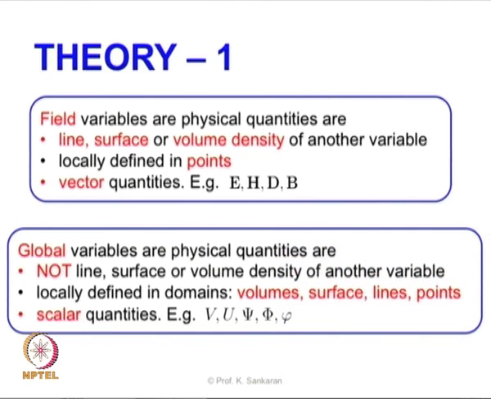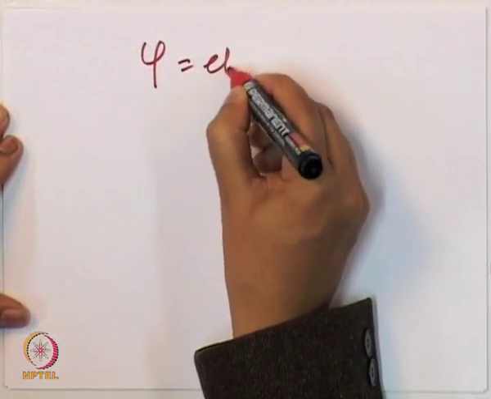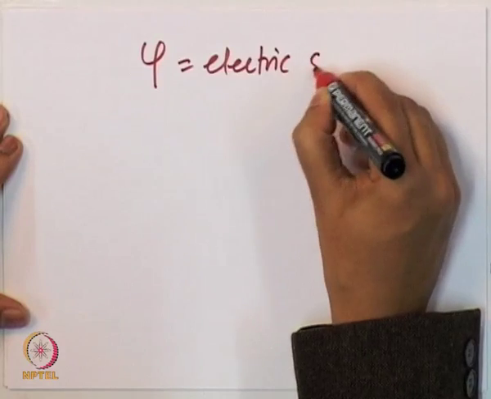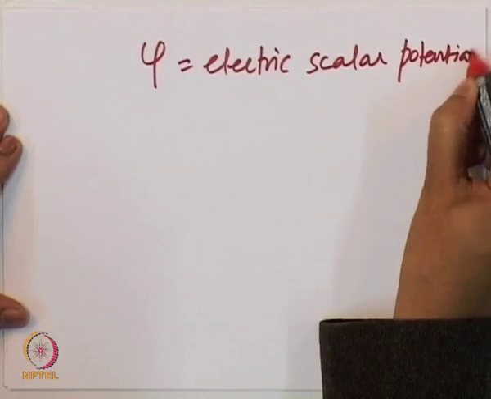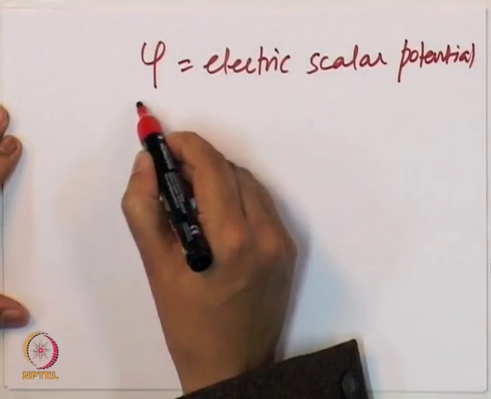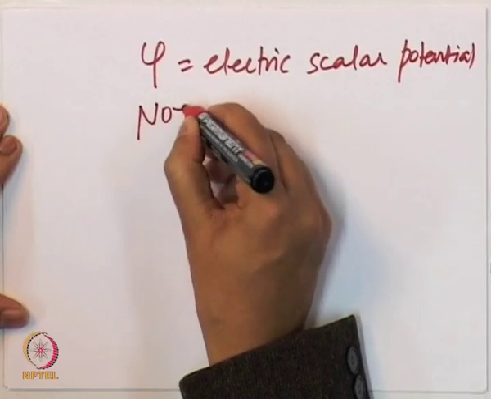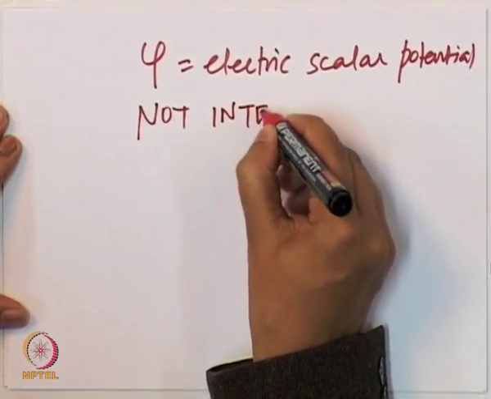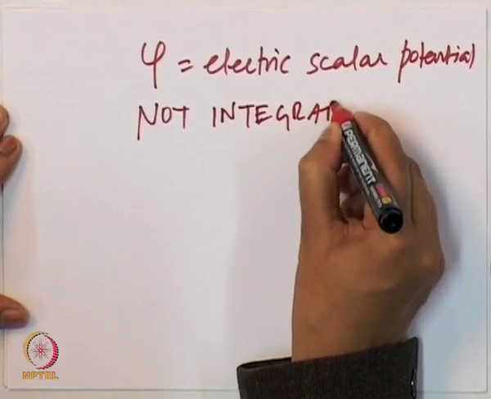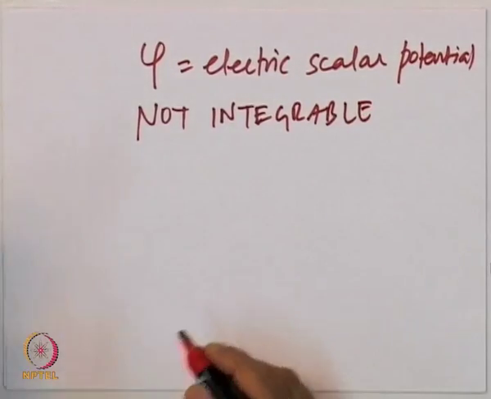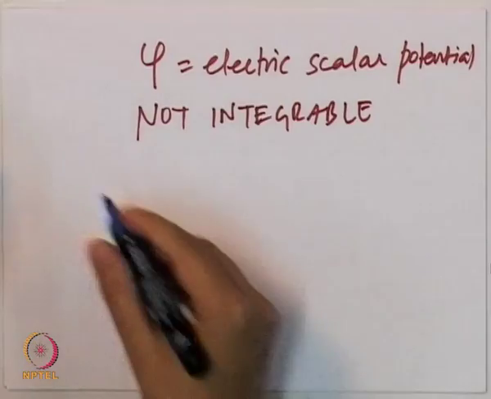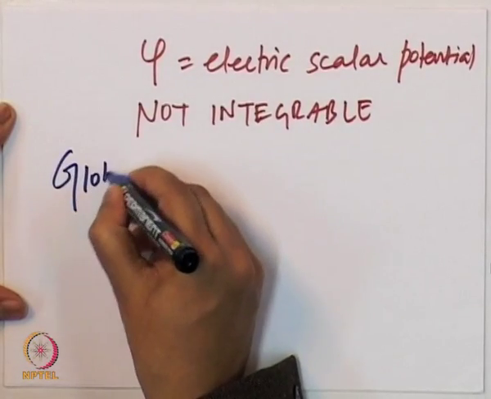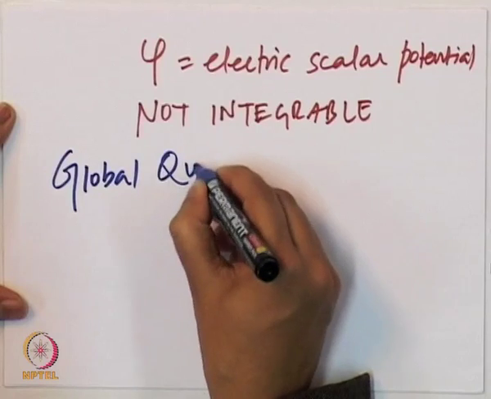So in the case where we have phi, which is the electric scalar potential, it is not integrable. So that is why we use the term global quantities.